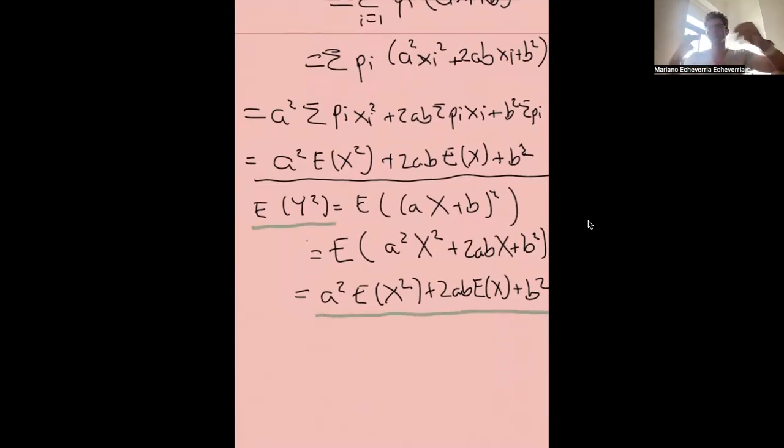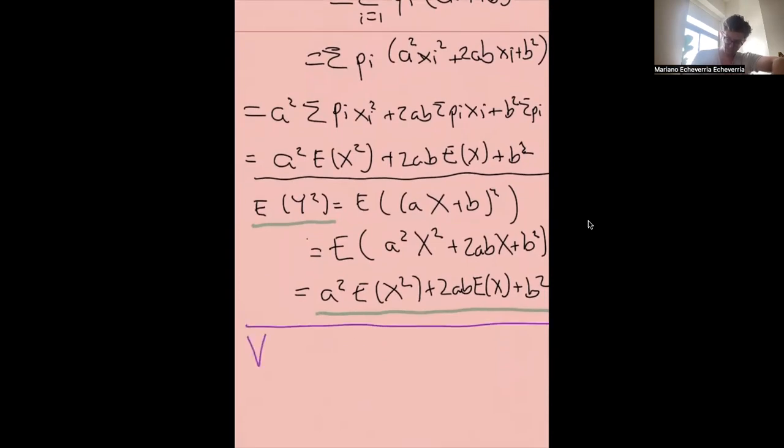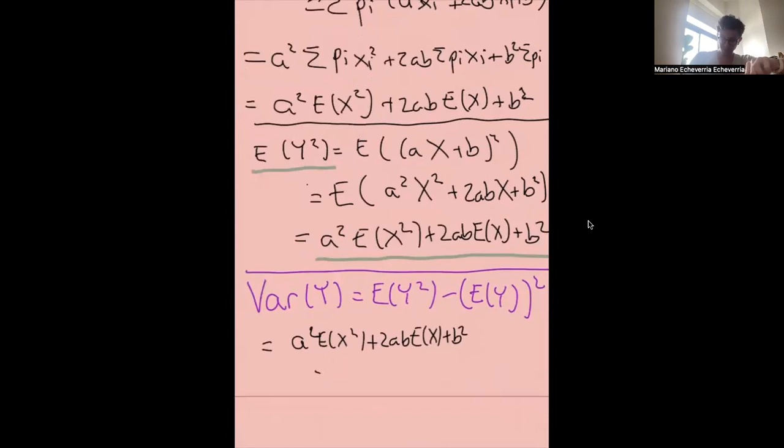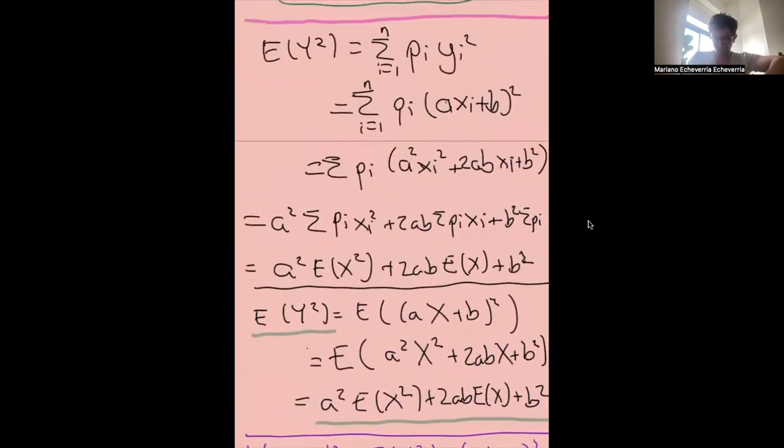And finally, what's the variance? We just subtract that, right? So the variance of y, which was E of y squared, the second moment, minus the square of the first moment. Well, if you look at this, it's a squared E of x squared plus 2ab E of x plus b squared, minus what's the expected value of y?